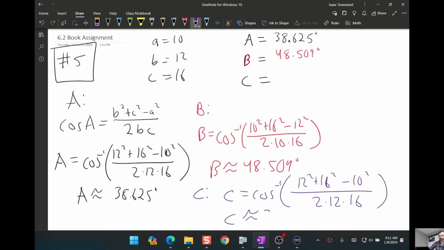And the benefit of finding the third angle is it gives me some check here.